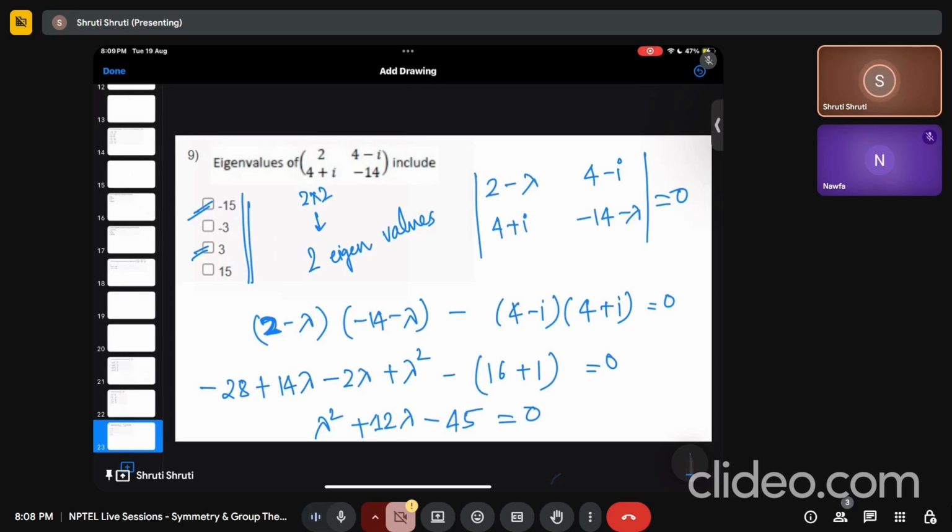So the answer should be, as you have already told, 3 and minus 15. I'm not calculating it more.